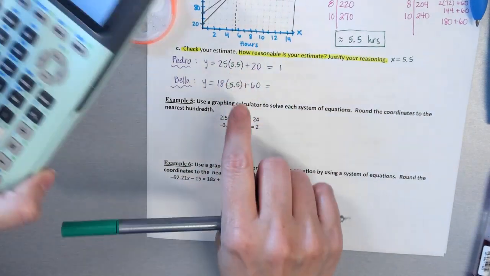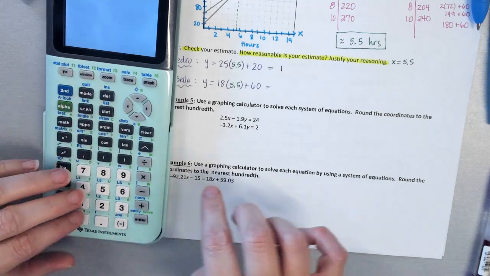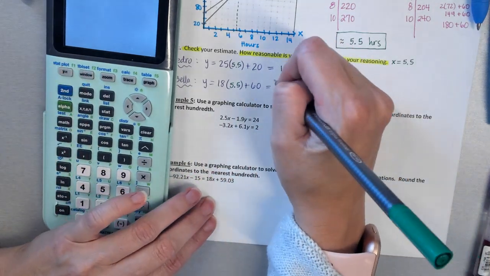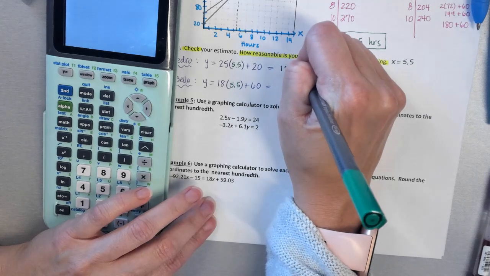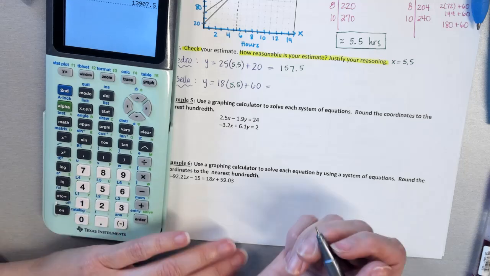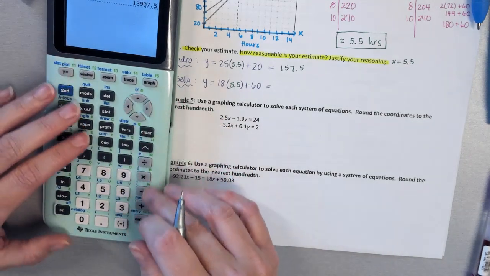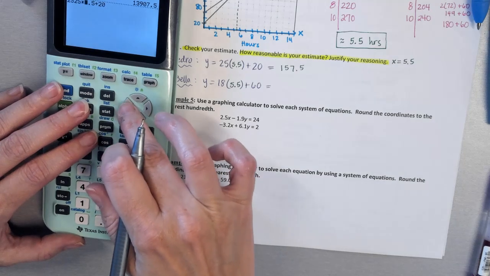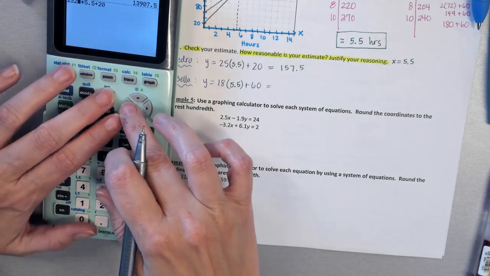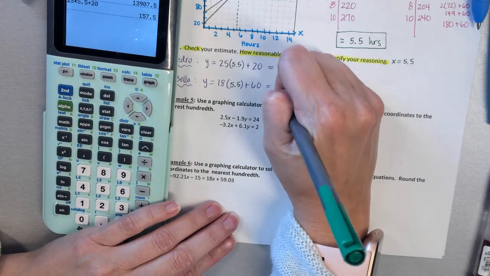You just plug in 5.5 here? Yeah, 157.5. Okay, so 25 times 5.5 plus 20. Put in 25 twice. All right, what do you have for the next one? Oh, okay, good.